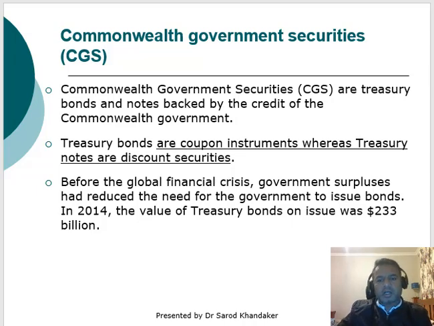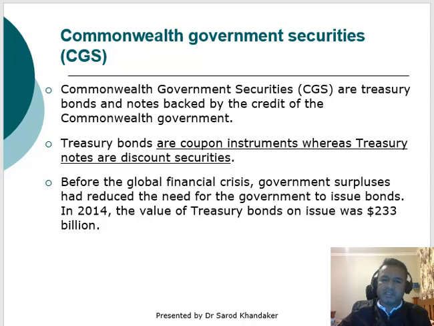Treasury bonds are coupon instruments, whereas Treasury notes are discount securities. Treasury bonds are issued for the long term, so they include coupon payments for investors, and coupons are generally paid twice a year. On the other hand, Treasury notes are discount securities and do not pay any coupon during the time.